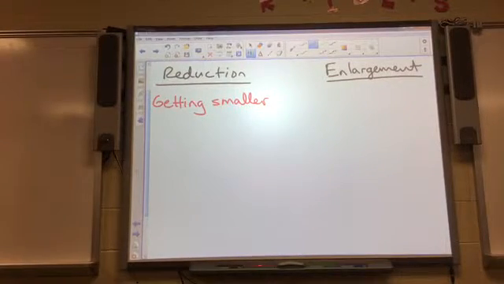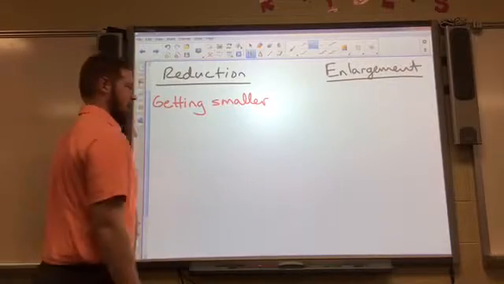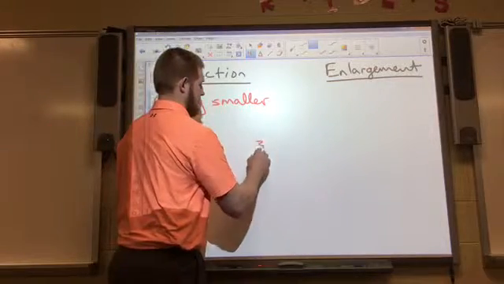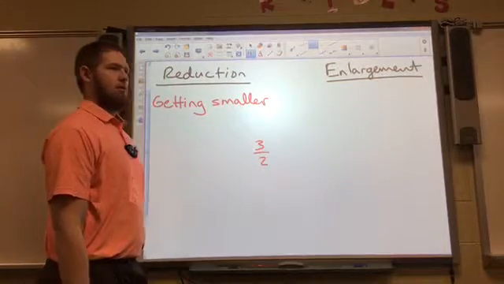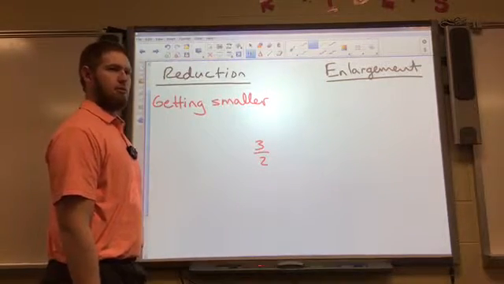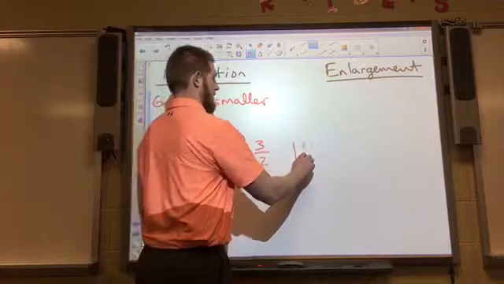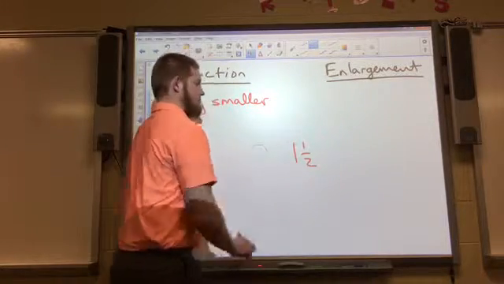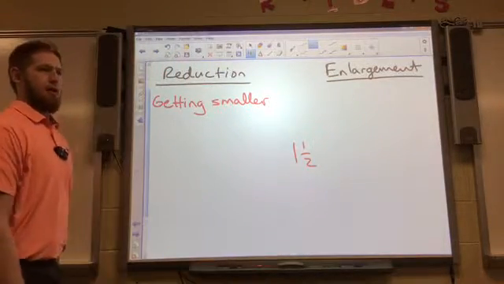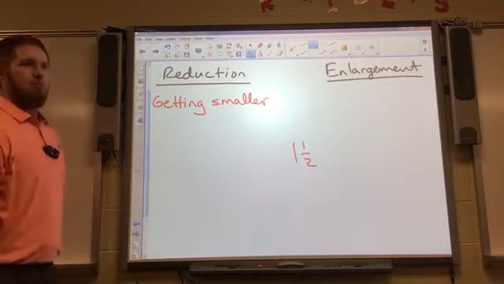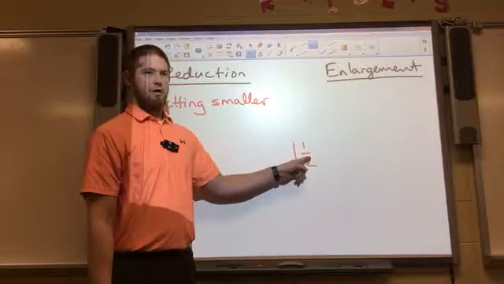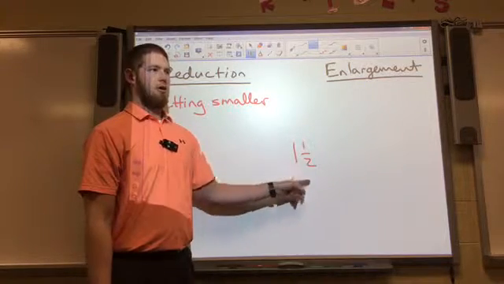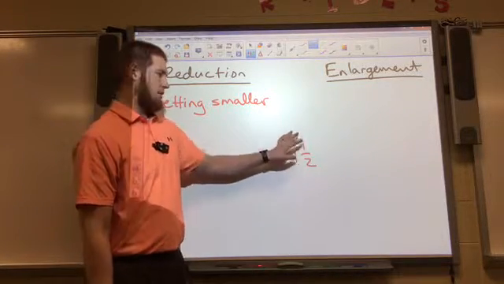Now, with an improper fraction, let's think about this. What is that as a mixed number? 1 1/2. If I use a scale factor of 1 1/2, I'm using one whole of it and then another half, right? Is this getting smaller or bigger? This is actually getting bigger.